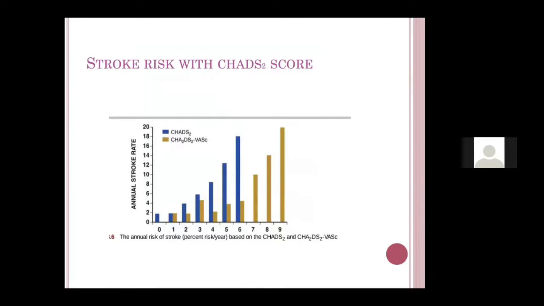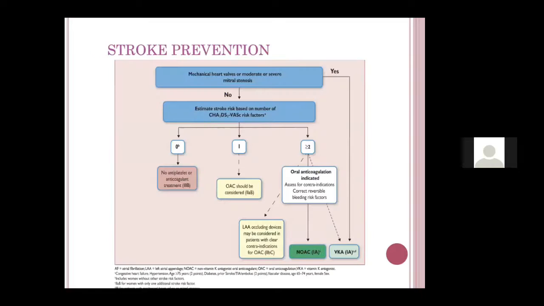So that is important, that as the CHADS-VASc score increases, the stroke risk per year increases. So this is something which I was telling you. If you have a mechanical heart valve or a moderate to severe mitral stenosis, and AF is there, then you do not have any other option. You have to give conventional oral anticoagulation. However, if the AF is because of some other thing, then you have to calculate the CHADS-VASc score.